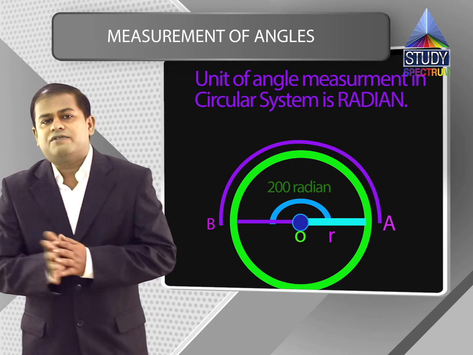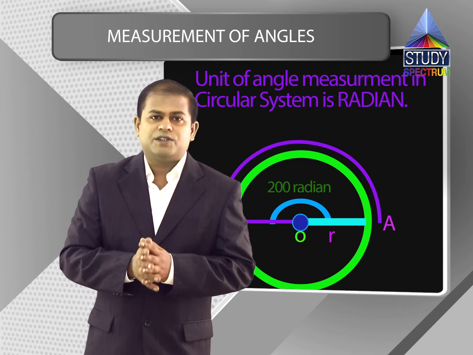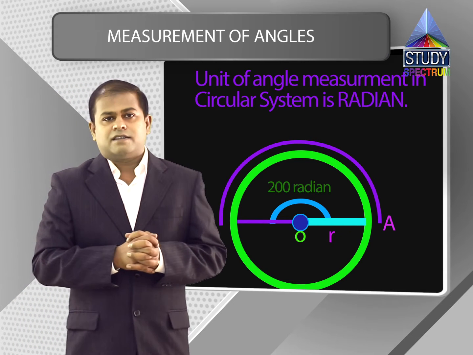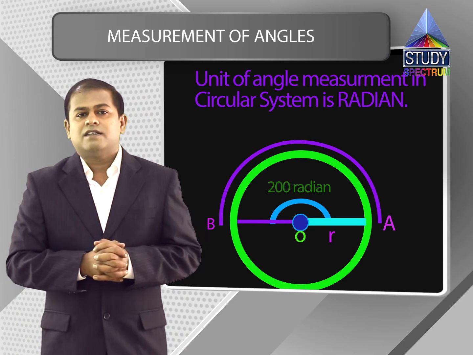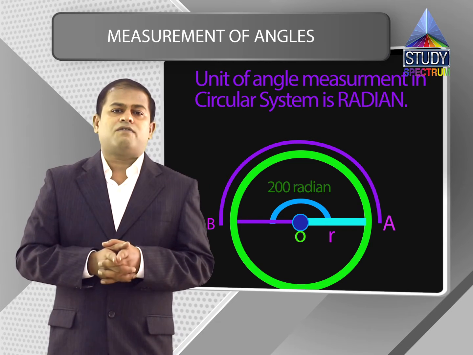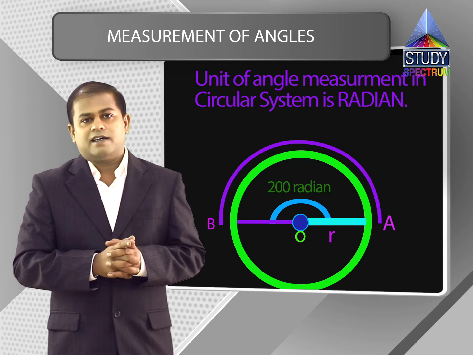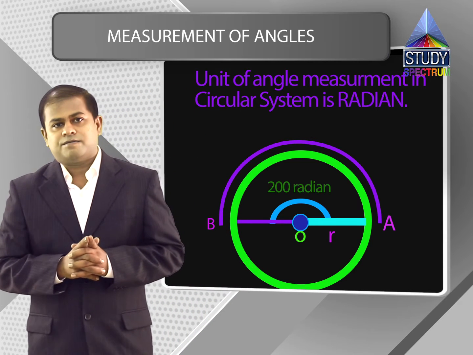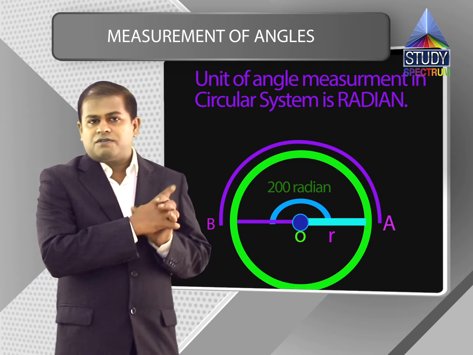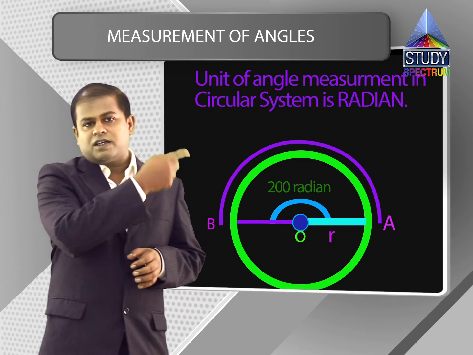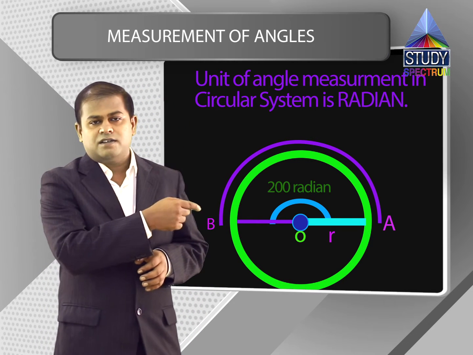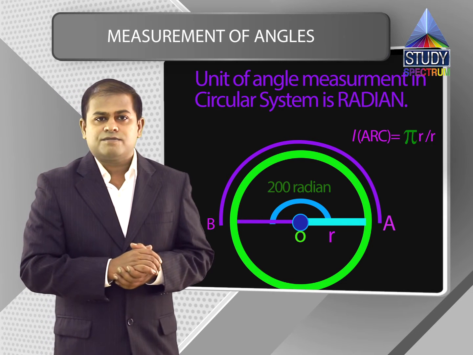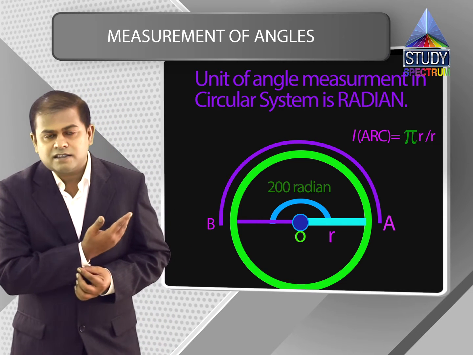Now going back to the definition of angle measurement in the circular system. Theta in radians, or angular measure, is the ratio of length of arc intercepted by the angle to radius. So theta is S by r. The measure of this angle is the length of the arc, which is actually the semicircle, pi r, by radius, that is r. You can see here r gets cancelled.